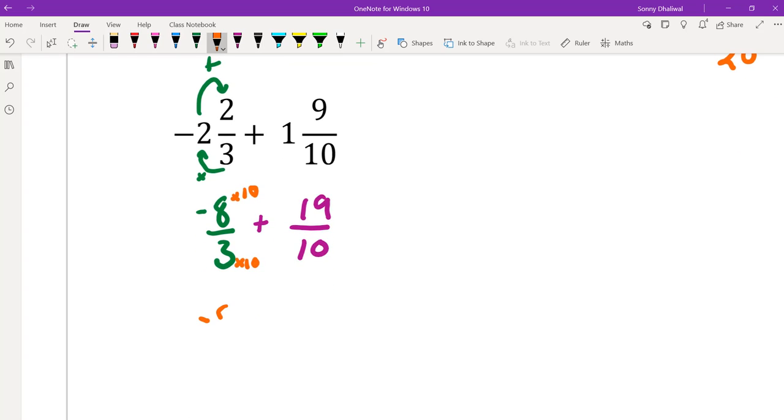That gives me negative 80 over 30. Next one, 10 times 3 gives me 30, so I'm going to multiply the top and the bottom by 3. So 19 times 3, 20 is 57. Yeah, thank you. 57 over 30.